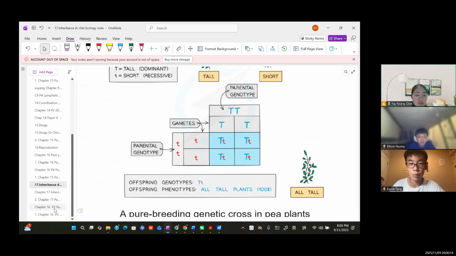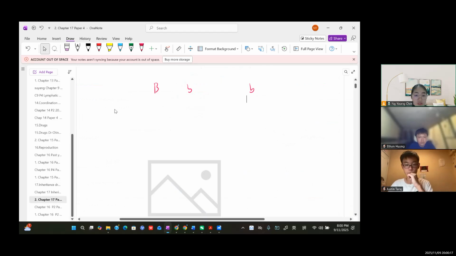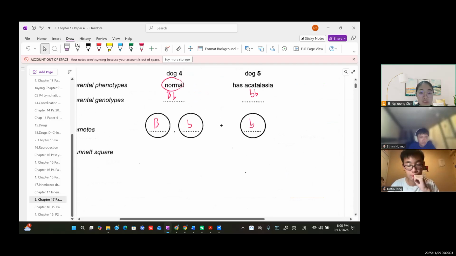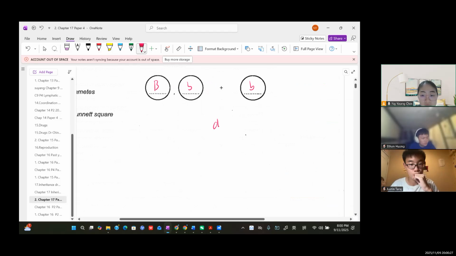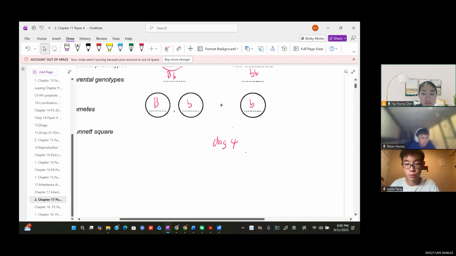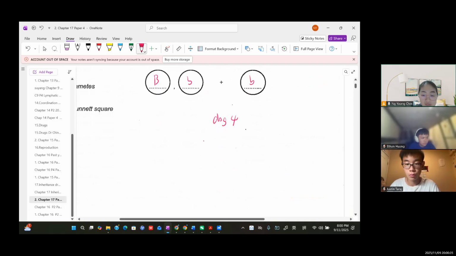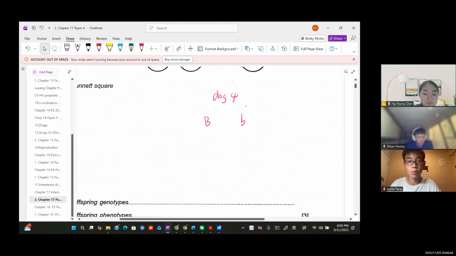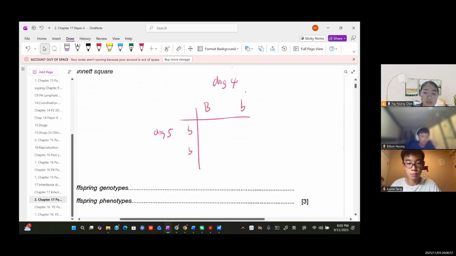Let me draw one for you. So you have the parents, which is dog 4, and the alleles will be this one. Another, you have dog 5, the alleles are two small b. So just draw a square.